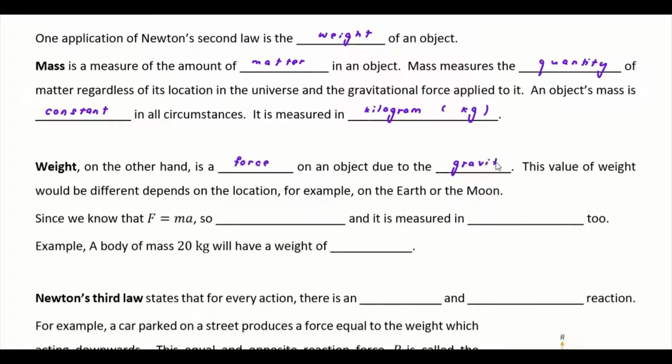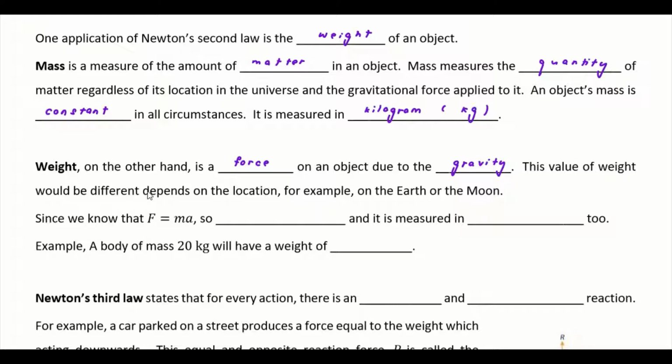That's why it's different from mass. The value of the weight will be different depending on the location. For example, the gravitational force on the earth and on the moon is certainly going to be different, so when you measure your weight in different locations, it will give you different values.